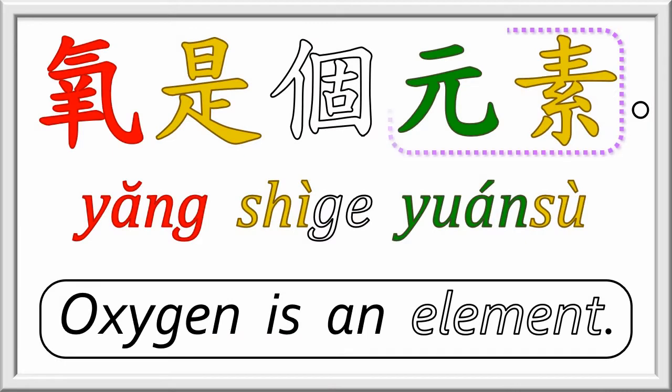This newly spun silk has not yet been dyed, giving this character the meaning of plain, basic, simple, white, the original state something is found in. For example, on the chemical table of basic elements, we have oxygen. 氧是个元素. Oxygen is an element.